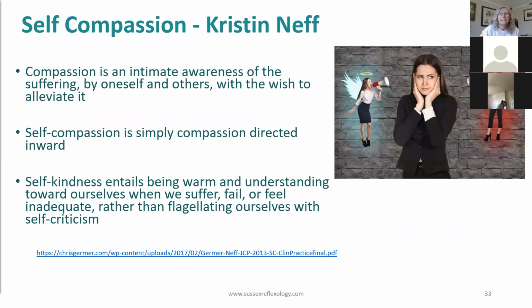Compassion is the innate awareness of suffering, by oneself or others, and a wish to alleviate it. So obviously, if you think about highly sensitive people, they're generally very compassionate people as well. And if they're doing a lot of caring, we can get really out of balance.